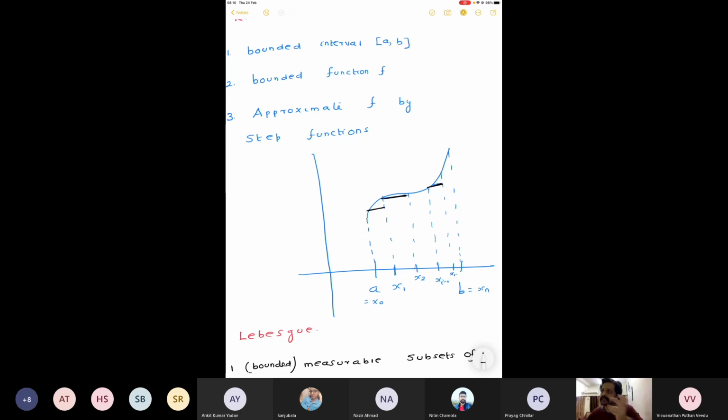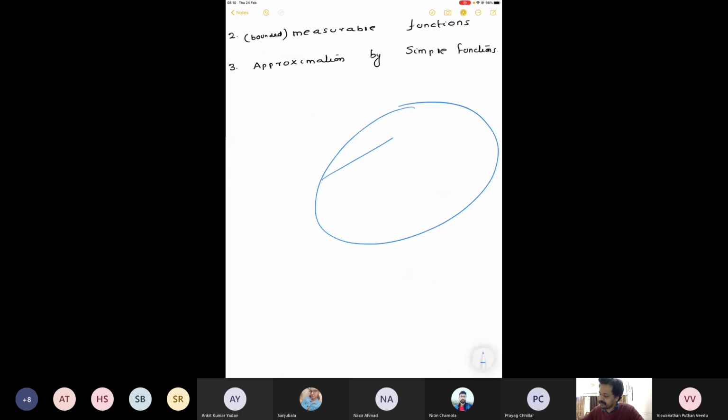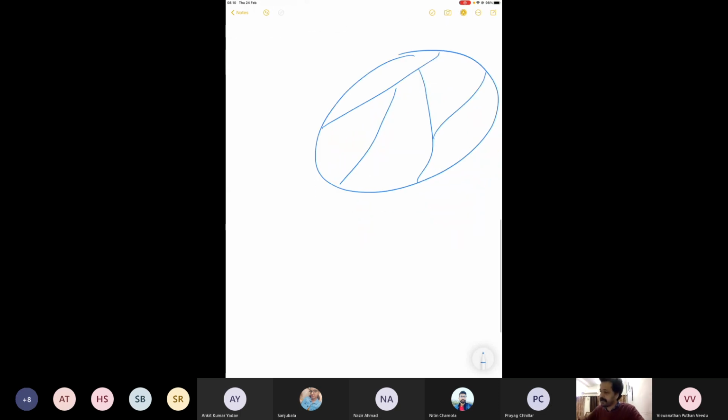The whole set we shall divide into several subsets E1, E2, E3 and so on, and the function is said to be simple if the function assumes a constant value on each of these measurable subsets. So exactly we mimic what happens in a step function. Having said that, now let me give the precise definition.